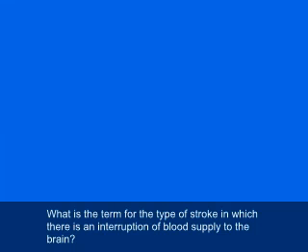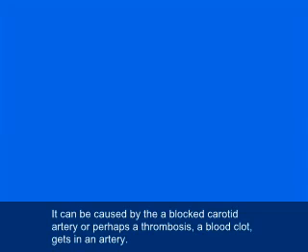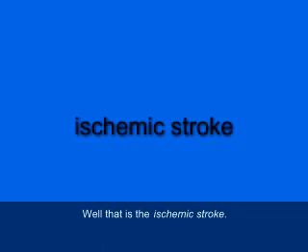And what is the term for the type of stroke in which there is an interruption of blood supply to the brain? This can be caused by a blocked carotid artery or perhaps a thrombosis, a blood clot gets in an artery. Well, that's the ischemic stroke. Ischemic, and then stroke. And there's a condition that can be the precursor to an ischemic stroke.